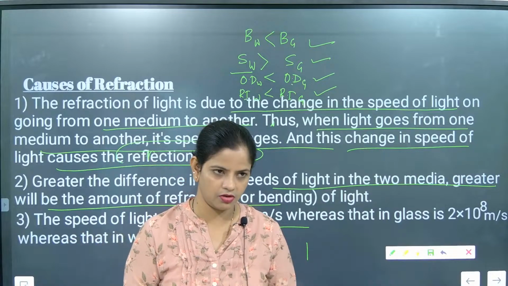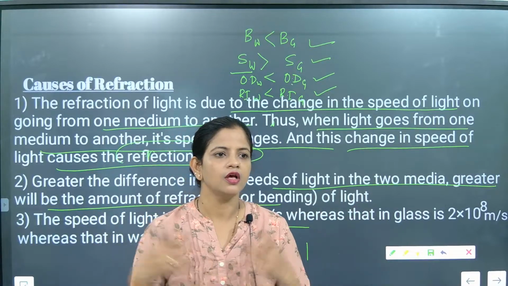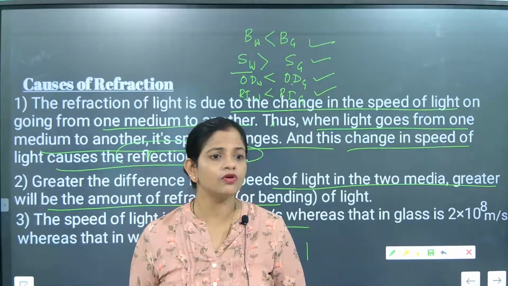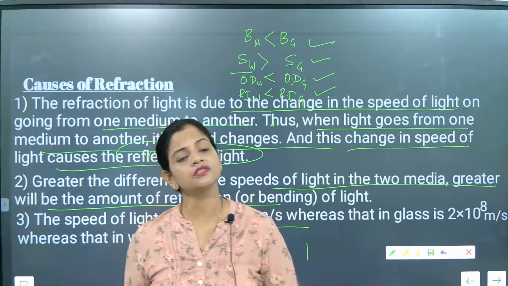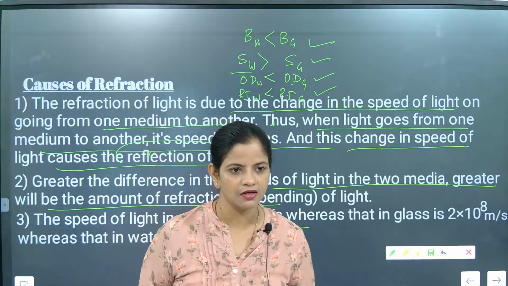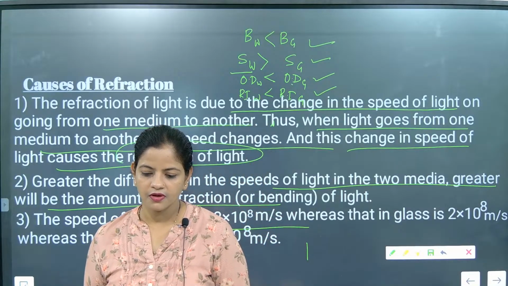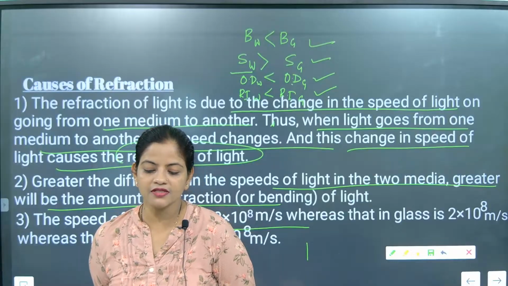Atmosphere is not there. So if atmosphere is not there, speed will be more, because it is the particles which are creating optical density. Yes, Raghav, you answer, beta.